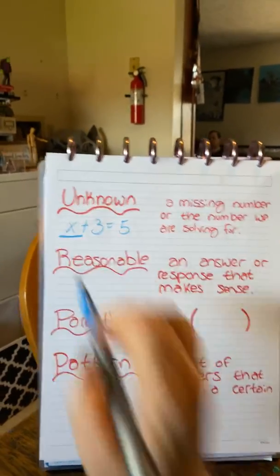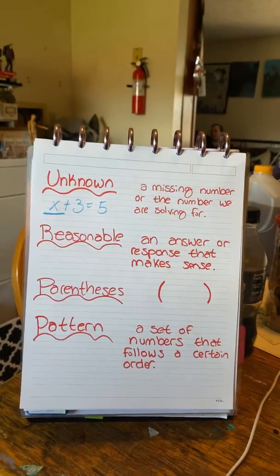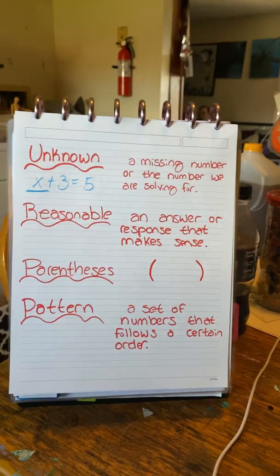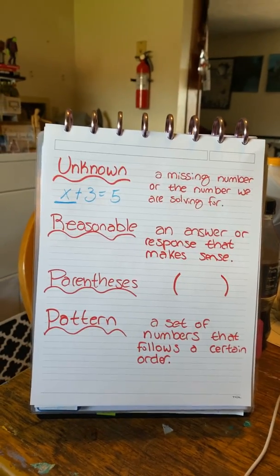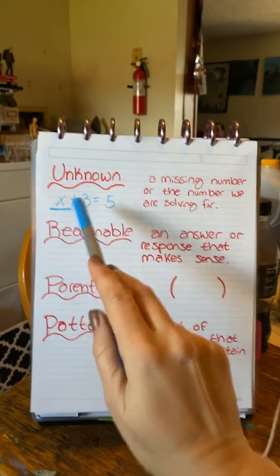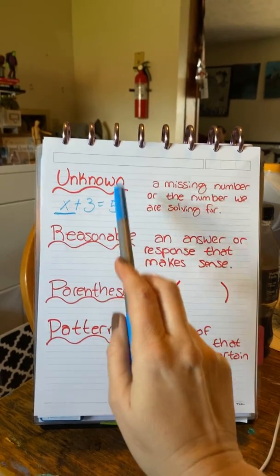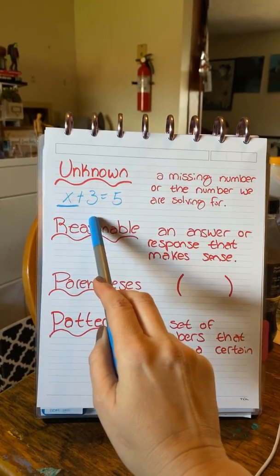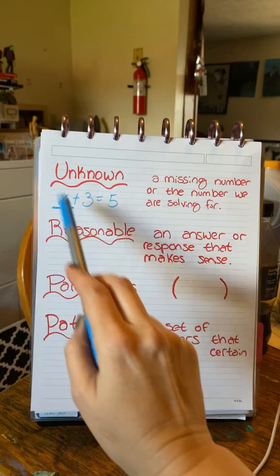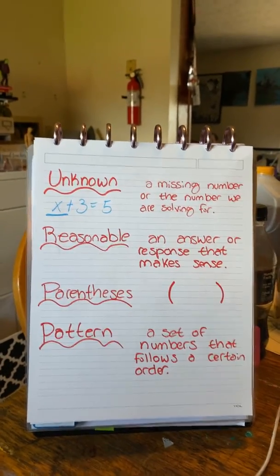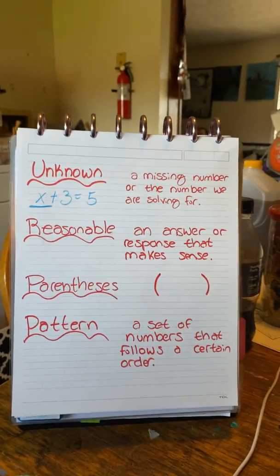So I have to solve for x. So the x is my unknown. And what I would do is, since I have an addition symbol here, I would do 5 minus 3 equals 2. So my unknown is equal to 2. So unknown is the number we're solving for.